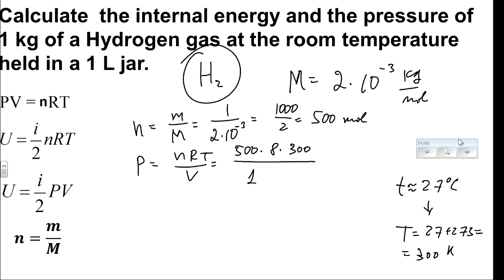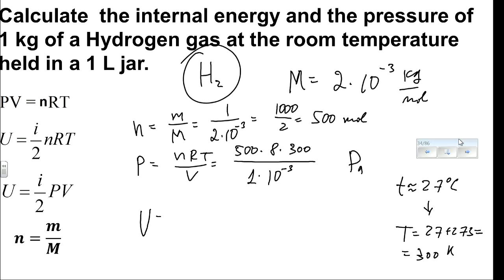No. We need to use cubic meters because all units here belong to the international system of units. 1 liter is 10 to the negative third, 1,000th of a cubic meter. That's the pressure in pascals, a huge amount of pressure.